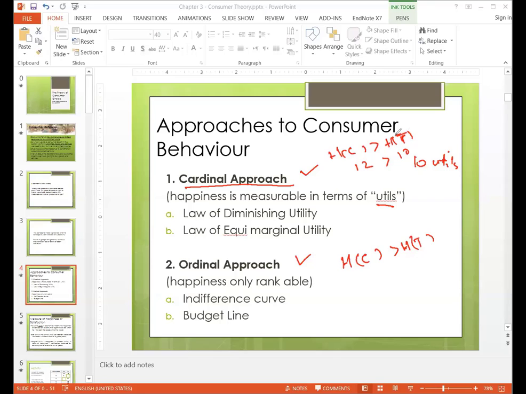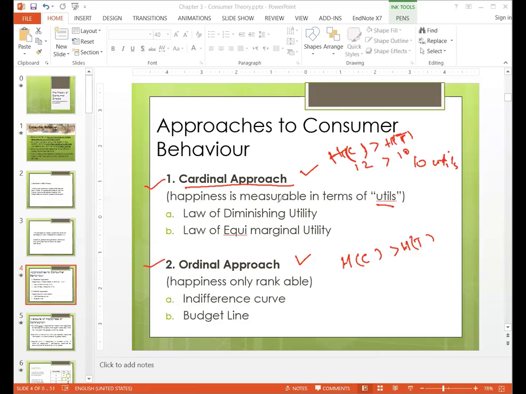So in terms of numbers, we are more happy because we have a bigger number. Okay, so that's why we can find out which is better. But here we can only rank it. We don't know how much better coffee was. So these are the two basic logics that we use to find solutions to our problems.